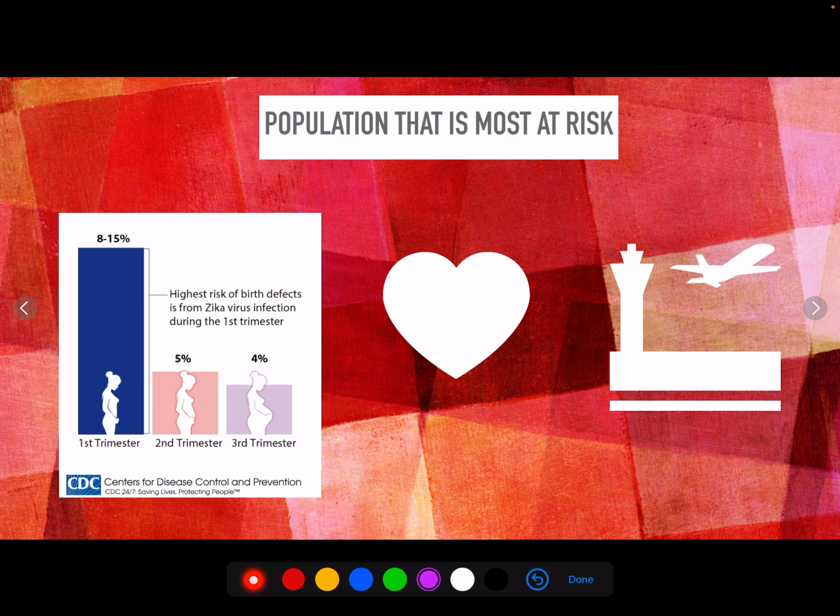Once the doctors identify a mom that had Zika virus and had her child, they have to continue to monitor and see if there are any seizures, if the child is having any problems swallowing or moving, and if there are any developmental delays.